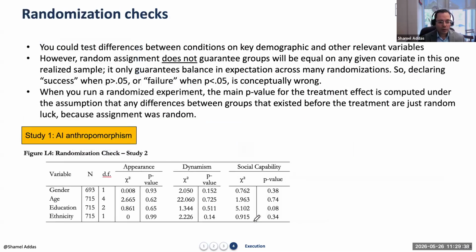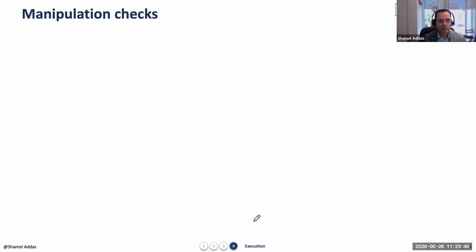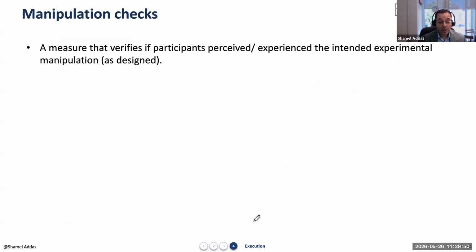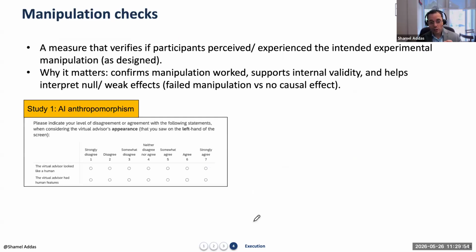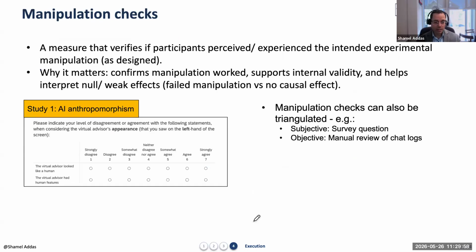Okay. Randomization checks. So you just want to measure on some key demographics whether the groups, control group and treatment, have no significant difference along those key variables. Manipulation check is where you're trying to see if your manipulation was actually experienced by the participants in the way that you think it was experienced. So did the AI agent actually look human or not human?